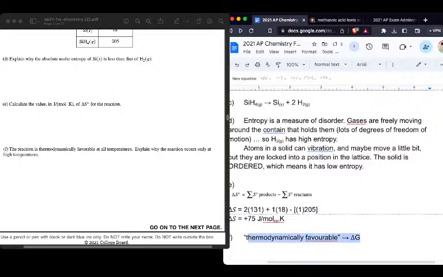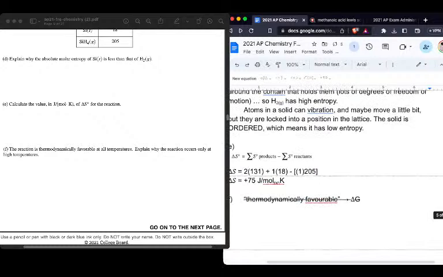Again, I'm not going to write that. That's just something I'm going to say out loud, right? The formula for delta G is delta G equals delta H minus T times delta S.